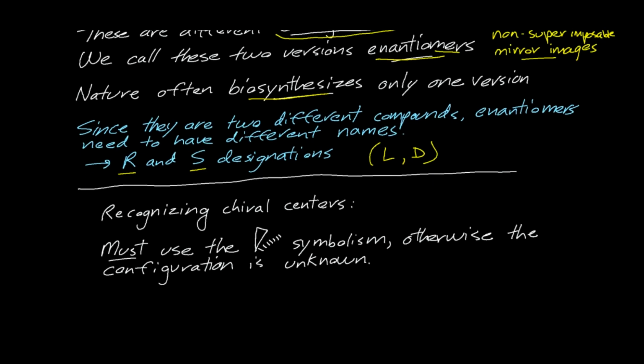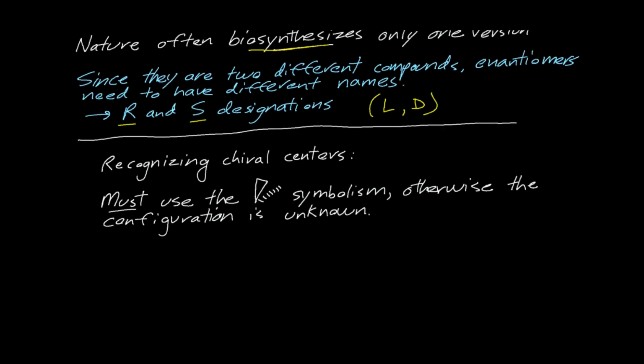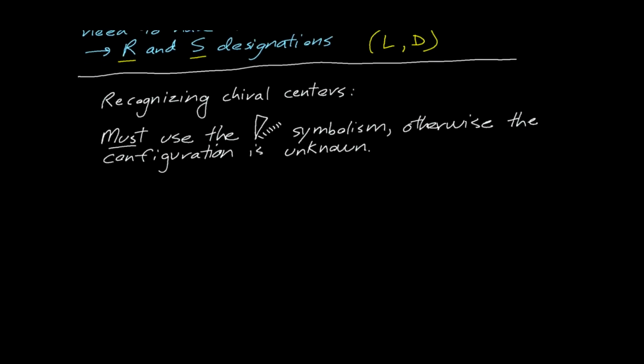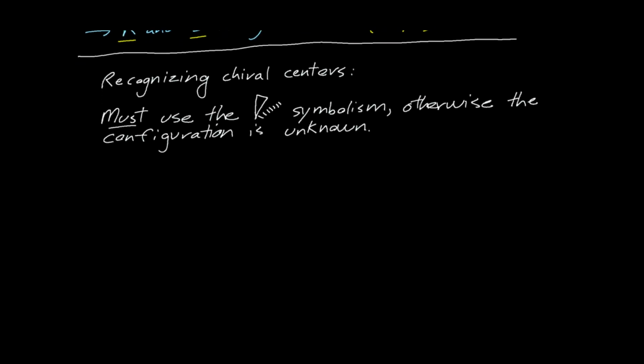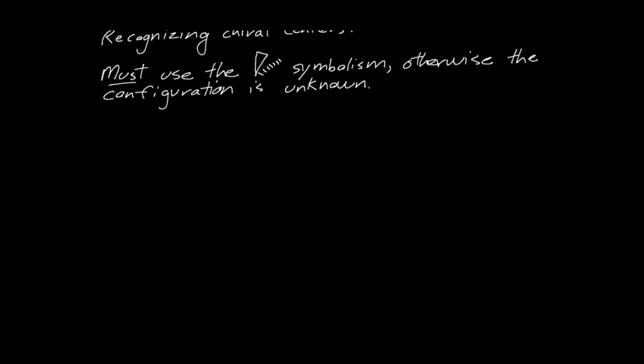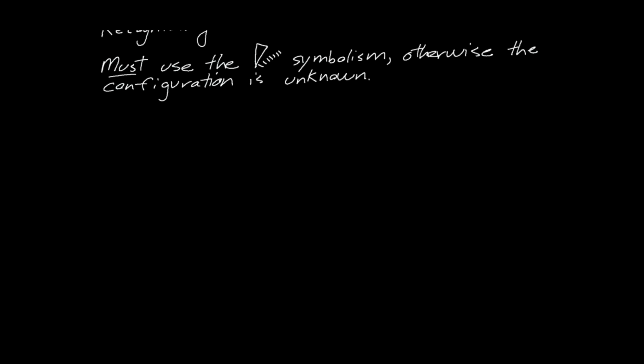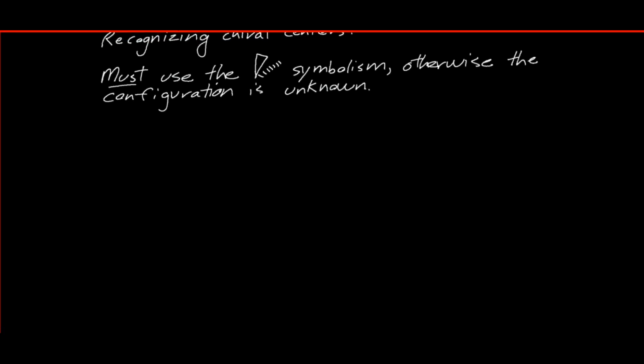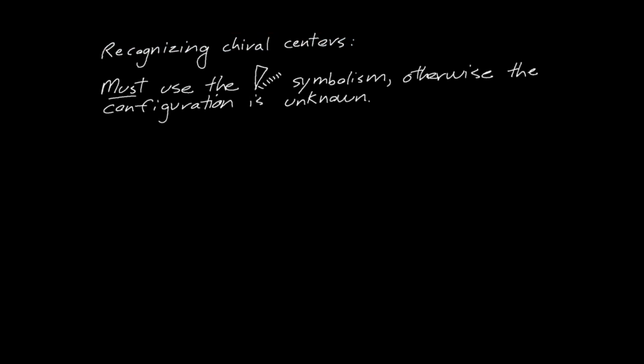We'll focus on R and S. The first job, and the next video will go into how to assign R and S designations, or configurations, I should say, maybe. The first task, though, is to recognize what and where the chiral centers are.